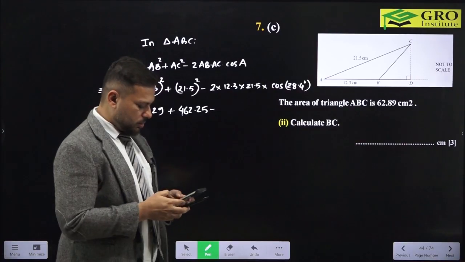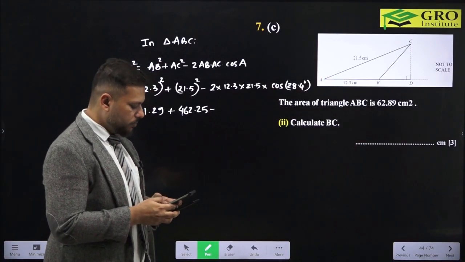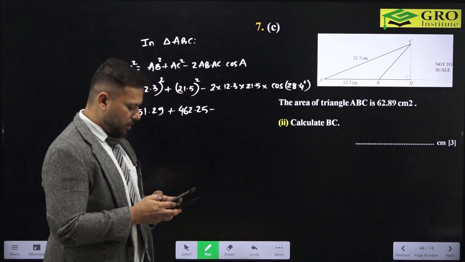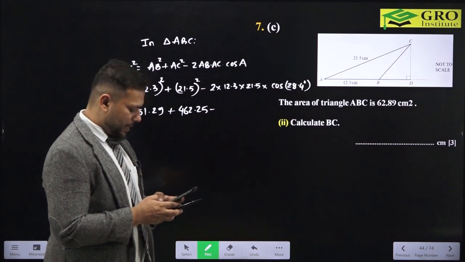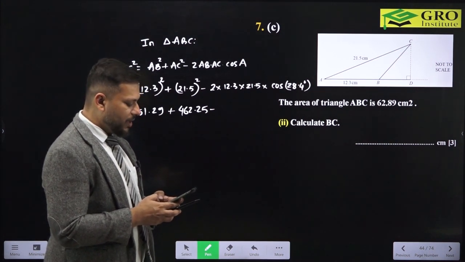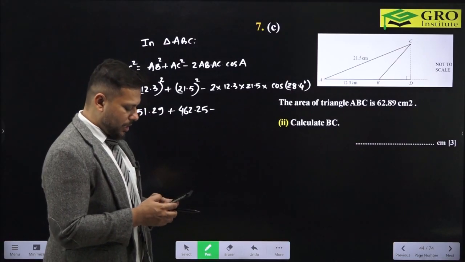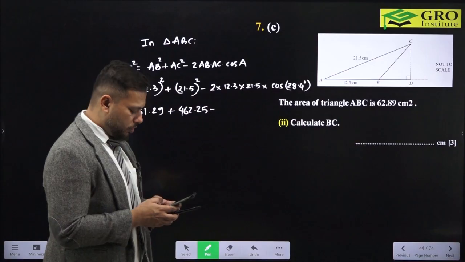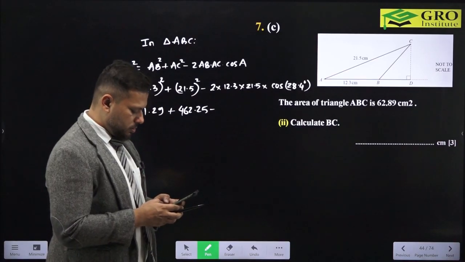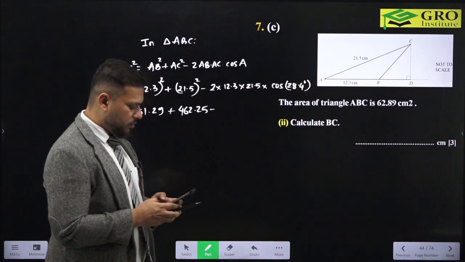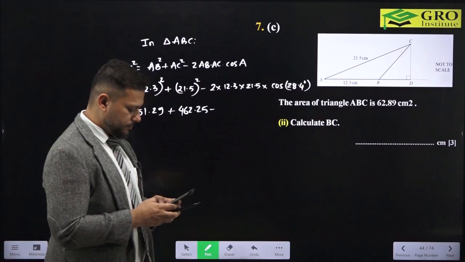Minus 2 times 12.3 times 21.5, that results into 528.9, and also we need to find cos of 28.4 degrees.